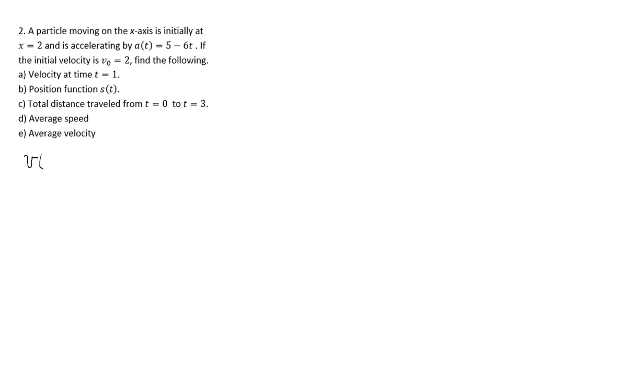first you have to find what v of t is, and since the rate of change of the velocity is acceleration, that means if you integrate the acceleration, you're going to get the velocity. Which means you have the integral of 5 minus 6t dt, and that's equal to 5t minus 3t squared, and then plus c.